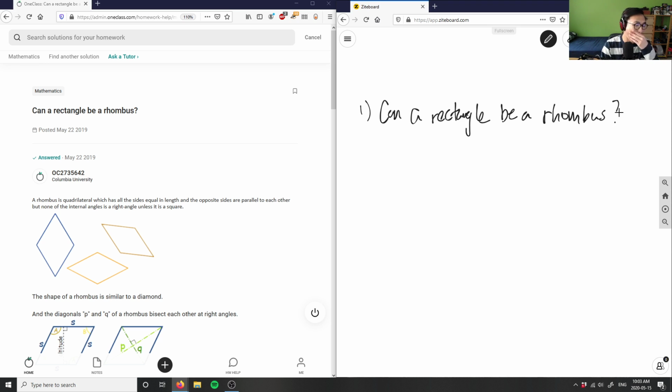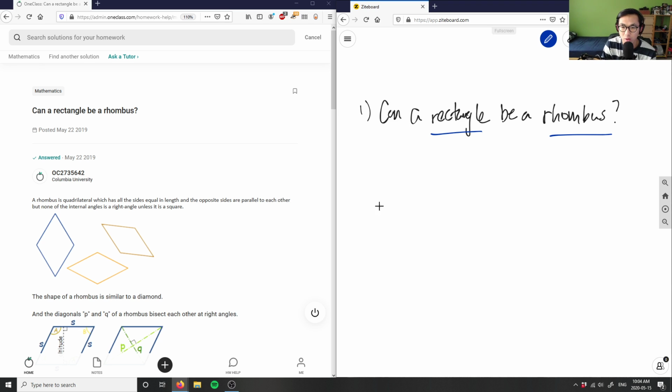So let's think about that for a second. If you need a hint as to how to answer this question, you can always look at the solution that they give you. But it's asking, can a rectangle be a rhombus? So we have to ask ourselves, what is a rhombus in the first place, and what is a rectangle? What's the difference between those two things? That's the crux of the question here.